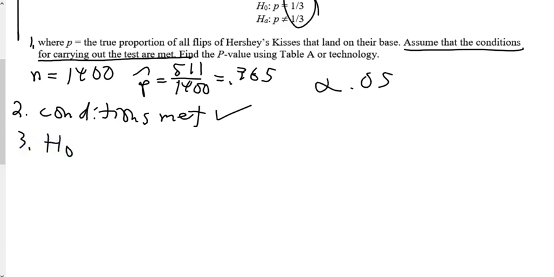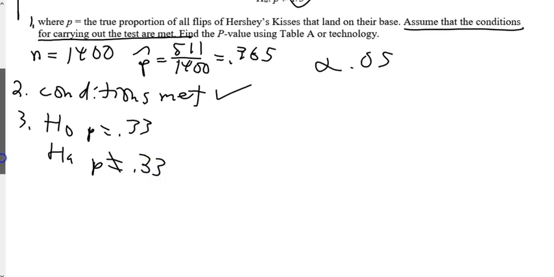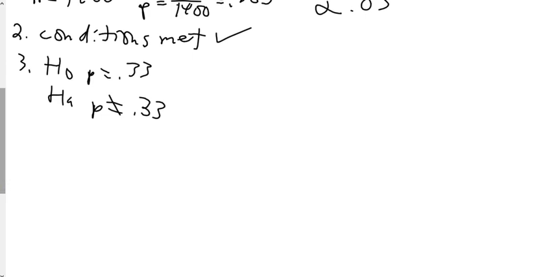We're just going to rewrite it real quick as a decimal. So the Ho and the Ha: p equals 0.33, and p does not equal 0.33. Look how fast this is going. Easy, breezy, beautiful. Number 4, we do our math.